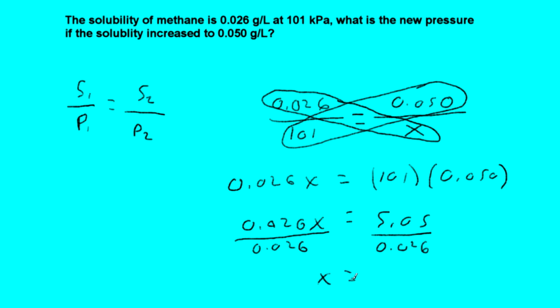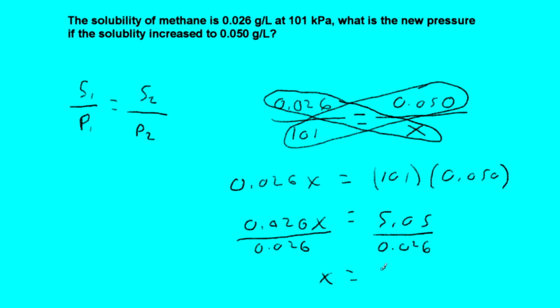X equals, round it to 194. This is kPa because we're looking for pressure. And again, check to make sure it makes sense. If you had 0.026 at 101, look, the solubility almost doubled, you would expect your pressure to almost double also. That's our final answer.